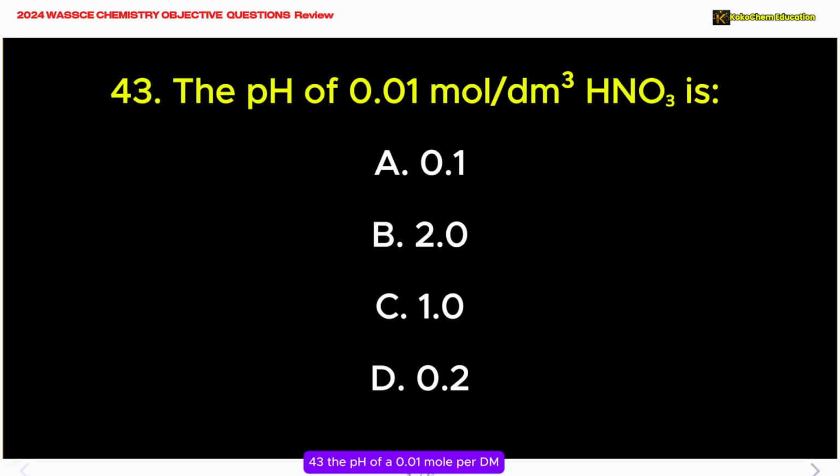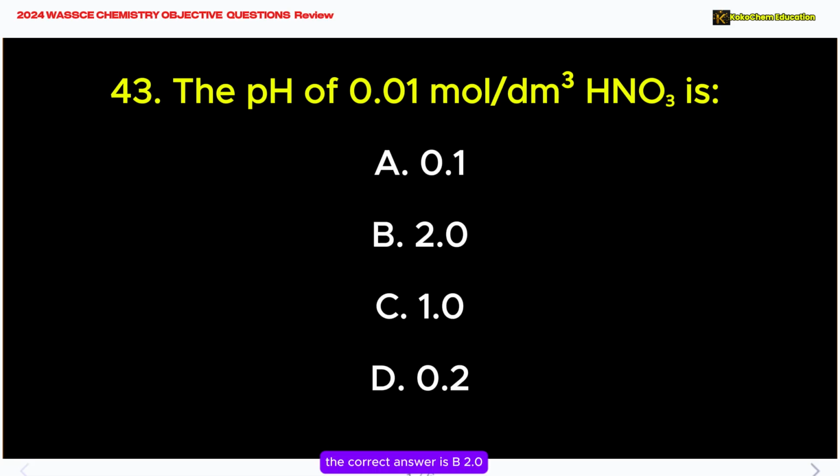43. The pH of a 0.01 mole per dm cubed nitric acid HNO3 is A. 0.1, B. 2.0, C. 1.0, D. 0.2.